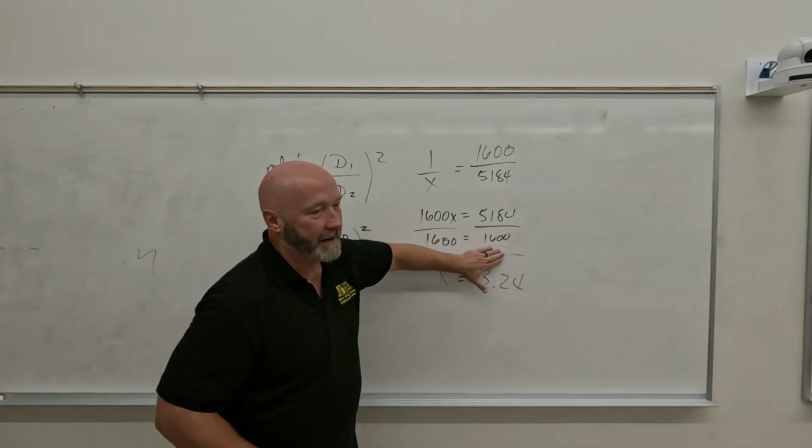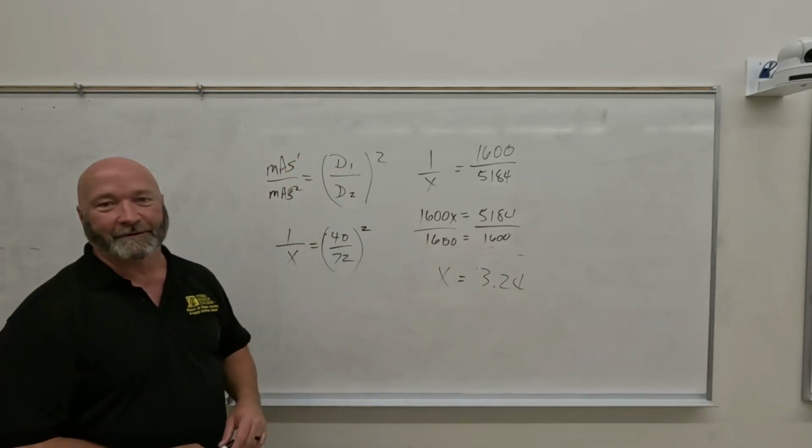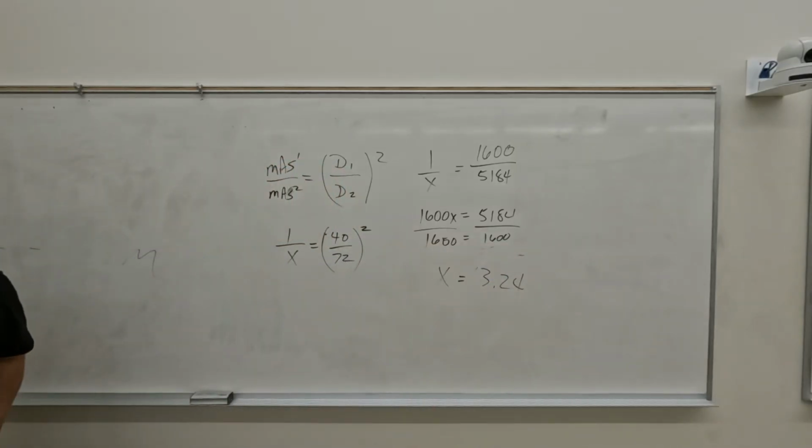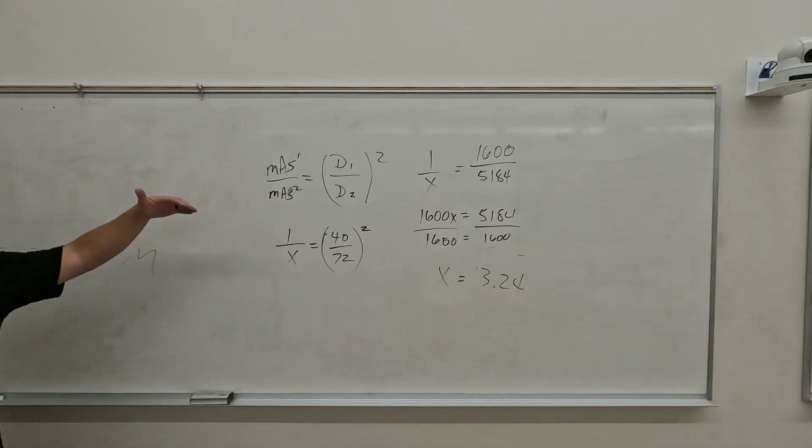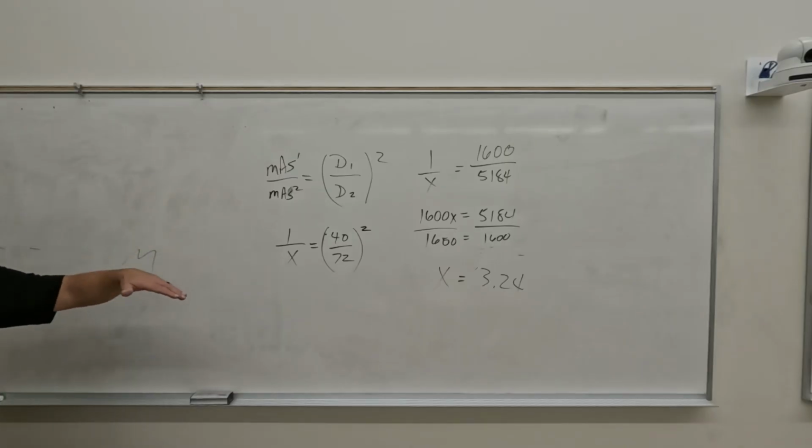I got excited, got ahead of myself. So you're right, and thanks for pointing that out. In the original, when we increased our distance from 40 to 72 inches, then our exposure was 3.24 fourths. Yeah, thank you.